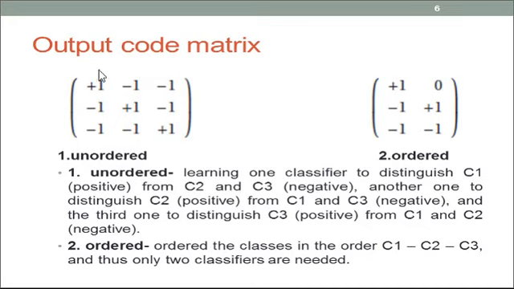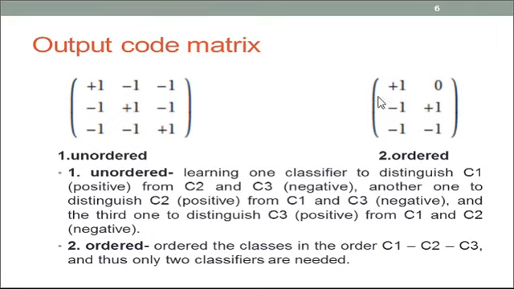The first classifier classifies the C1 samples as positive and the rest of the samples as other classes, or negative. Then the second classifier classifies the C1 samples as negative, C3 samples as negative and C2 as positive. The third classifier classifies C1 and C2 samples as negative and the third class as positive.